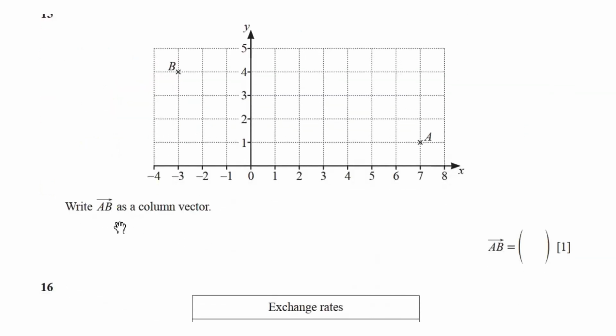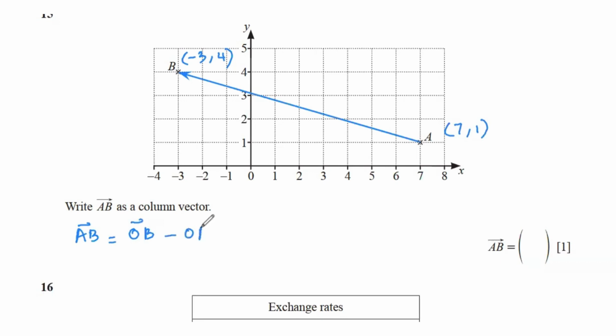Question 15 says, write AB as a column vector. So to write AB as a column vector, we can see that the coordinates of B are -3 and 4, and A is 7, 1. Column vector AB is basically vector OB minus OA.